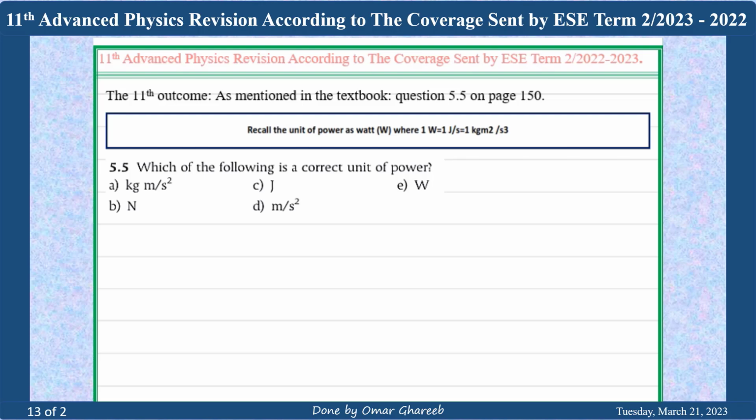I think this question will not come in this form, because it is a direct question: which of the following is the correct unit of power? It is watt. No problem with that. I think the question will come from this side: how much is 1 watt?